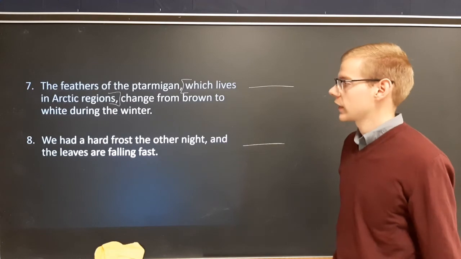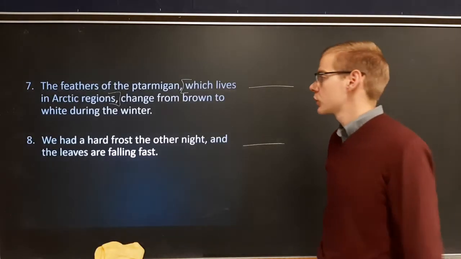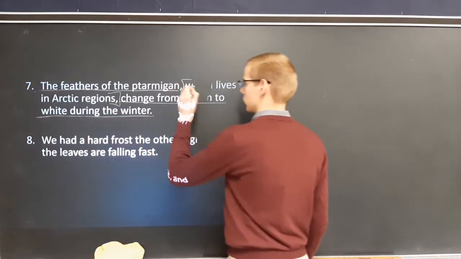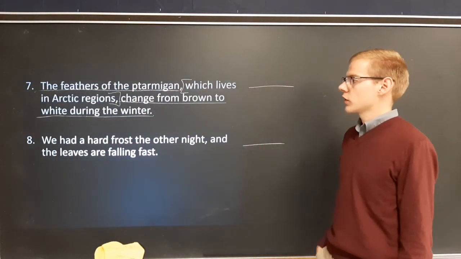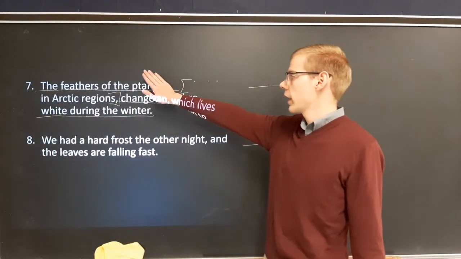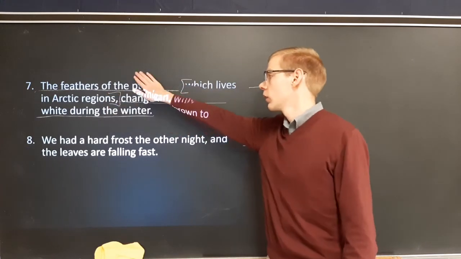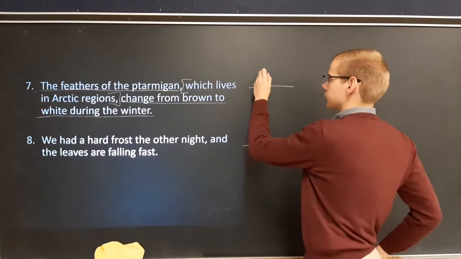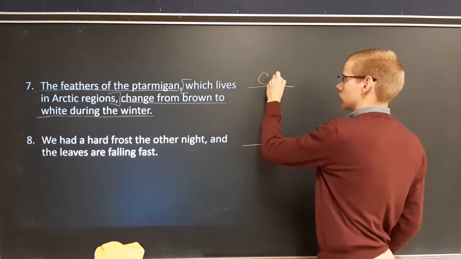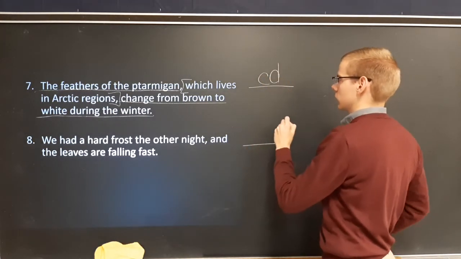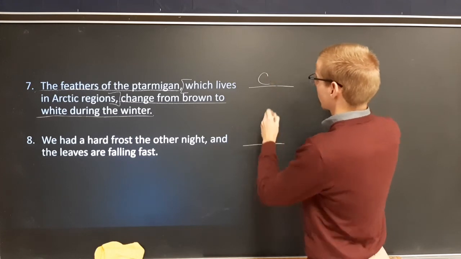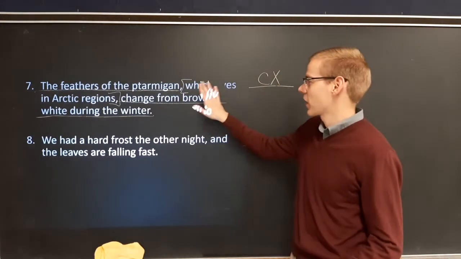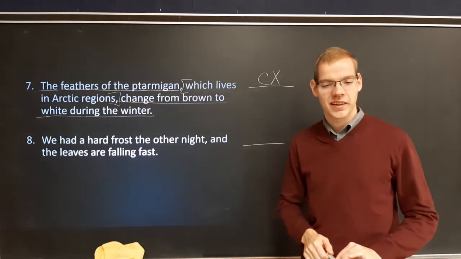And we do not have a connector in this sentence, so we underline the rest, which gives us one dependent, one independent, which gives us a complex sentence. Complex because we have a dependent clause in there.